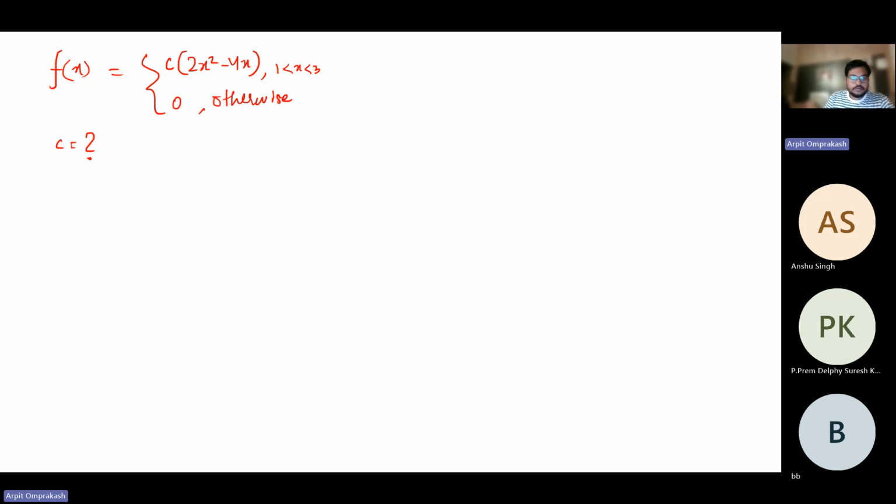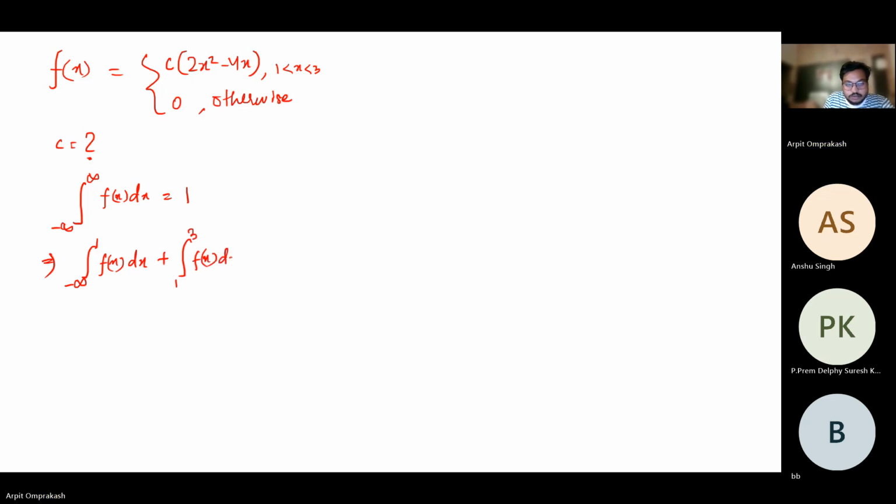So what we do here is basically we integrate f of x dx from minus infinity to infinity since this is a continuous variable. So minus infinity to infinity f of x dx will be equal to 1. Since this is a probability distribution function, we can break this up into 3 parts: minus infinity to 1 f of x dx plus 1 to 3 f of x dx plus 3 to plus infinity f of x dx.